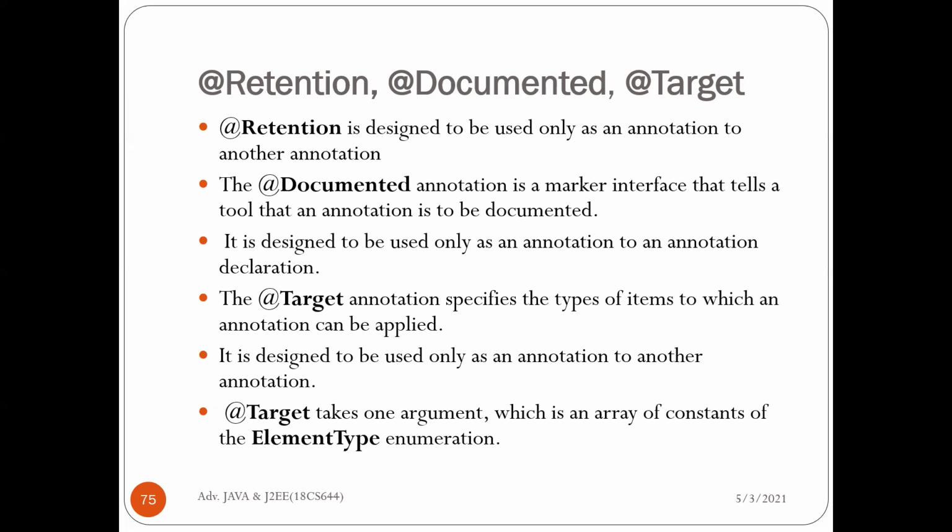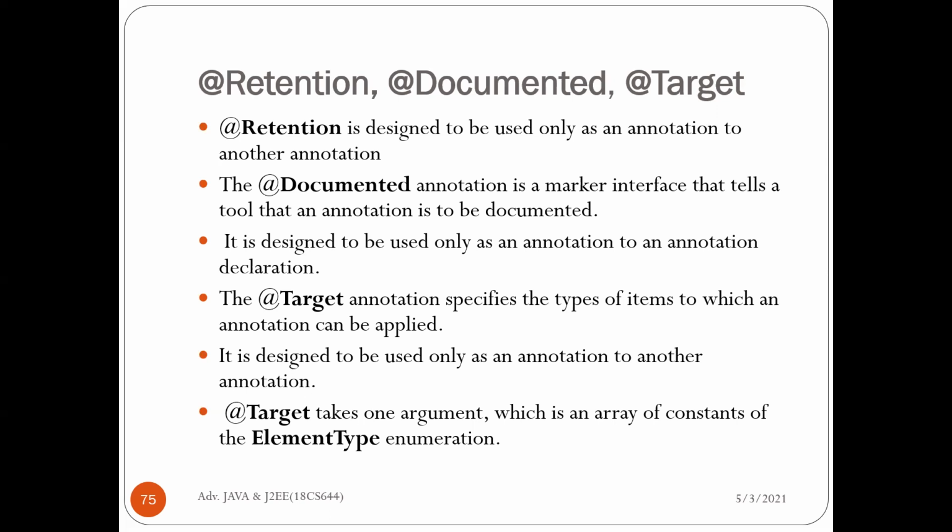Can we use it on a class? Can we use it on a method, or on a variable, or on a constructor? If we want to restrict the use of an annotation, we can specify it using the target annotation. All these three, retention, documented, and target, can be used on an annotation only.